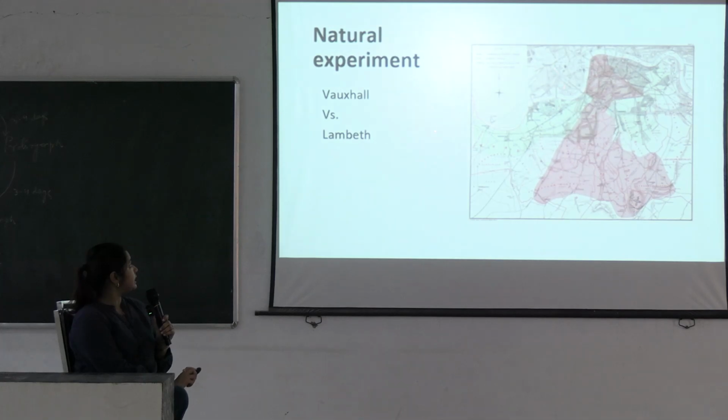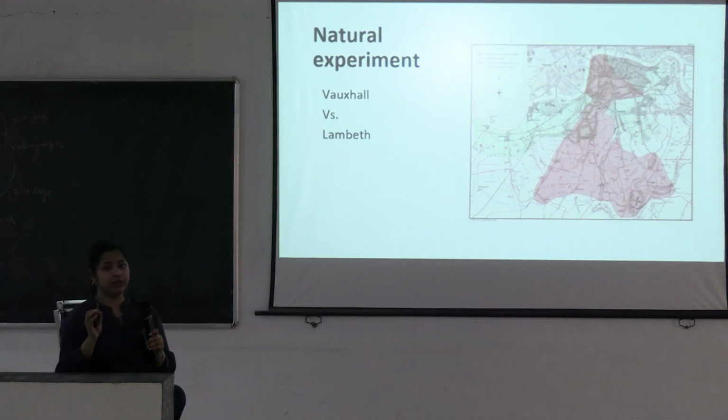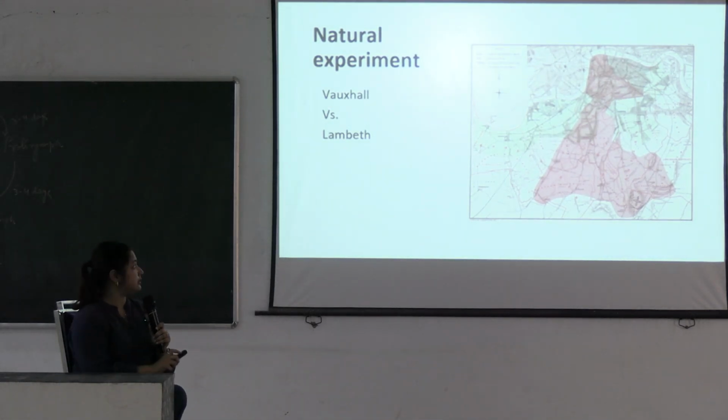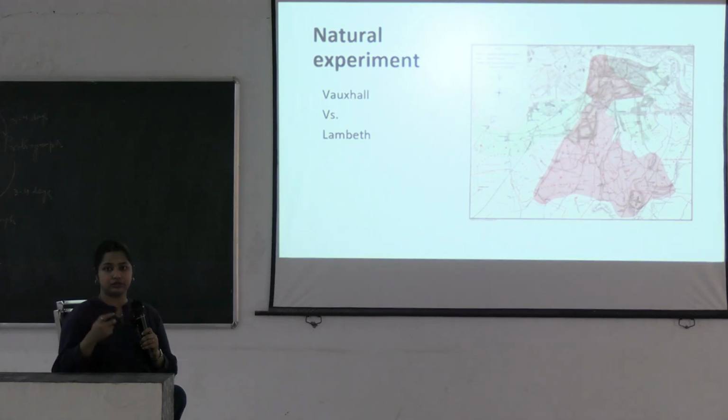Then there is the natural experiment. Natural experiment means it is maybe not particularly experimental. Natural experiments means naturally they have been divided into two groups. This is a map again. I have talked to you about the case of John Snow and how he detected that cholera could be waterborne.